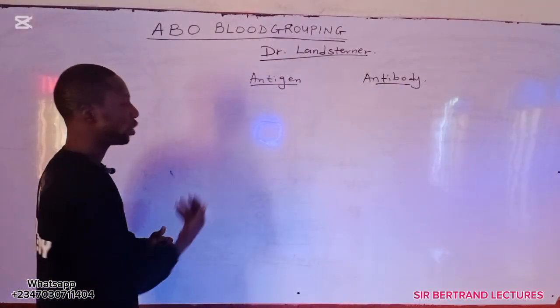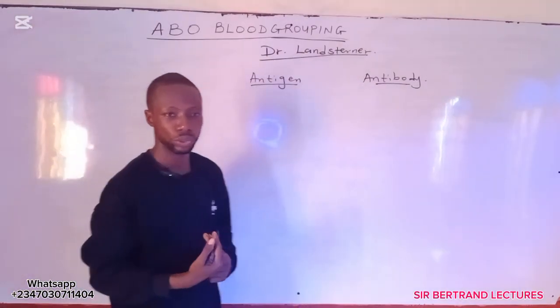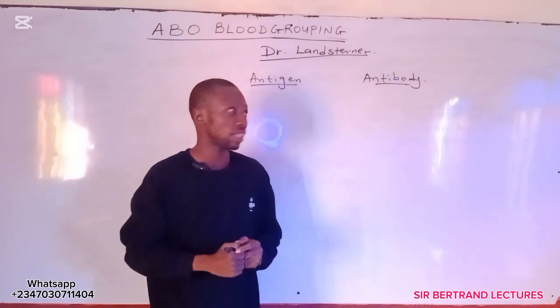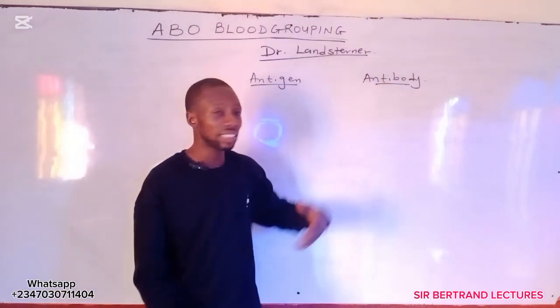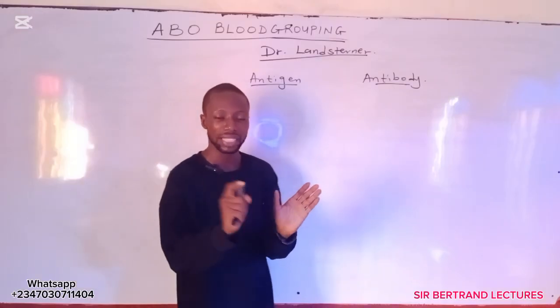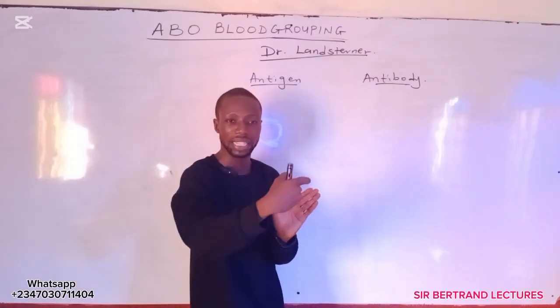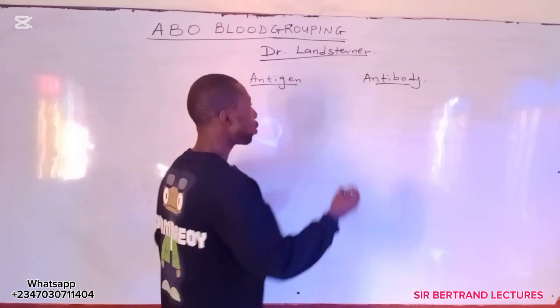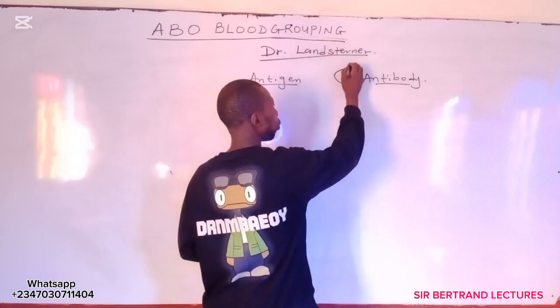The antigen is located on the surface of the red blood cell. He discovered the antibody to be a component which fights against foreign bodies that affect the system. He discovered the antibody in the blood plasma.